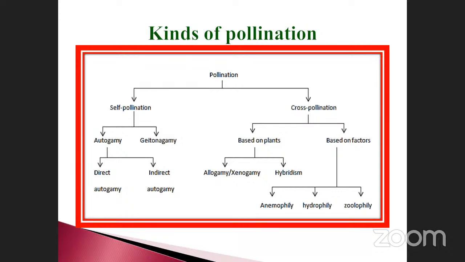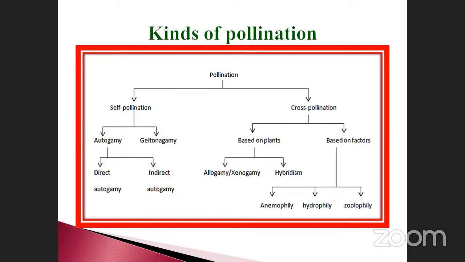Next, cross-pollination. Based on the plant, it may be divided into allogamy or xenogamy, and another type of pollination is also possible, called hybridism.